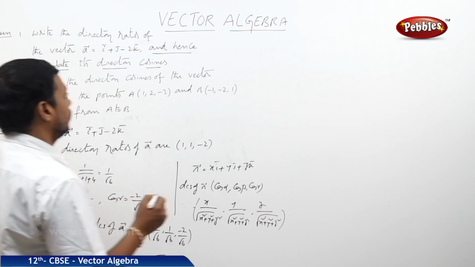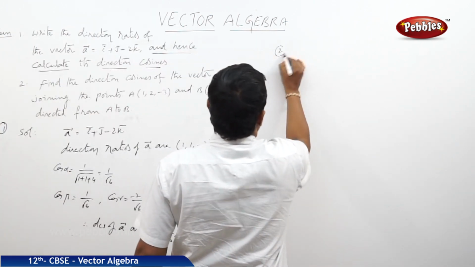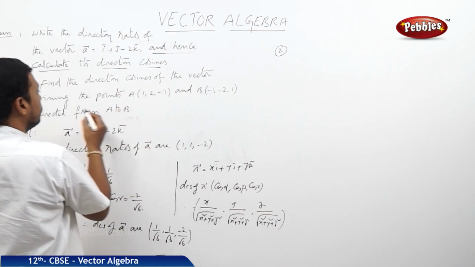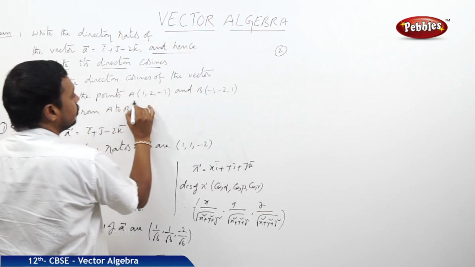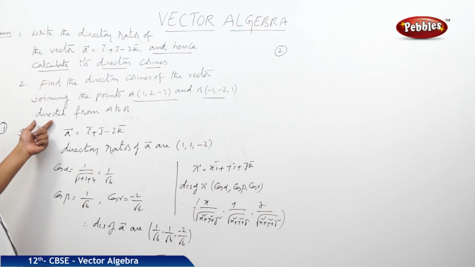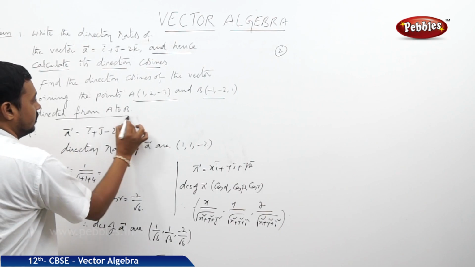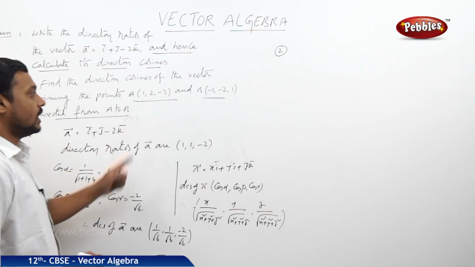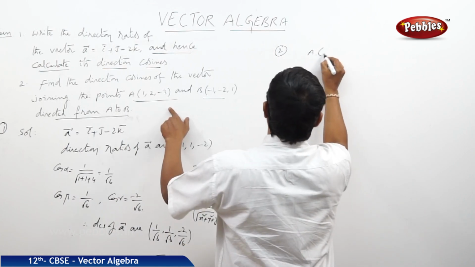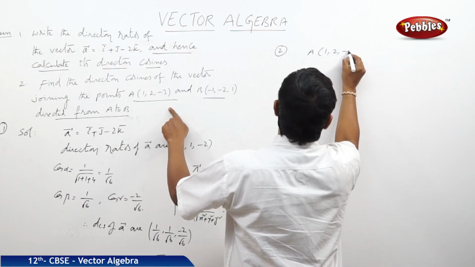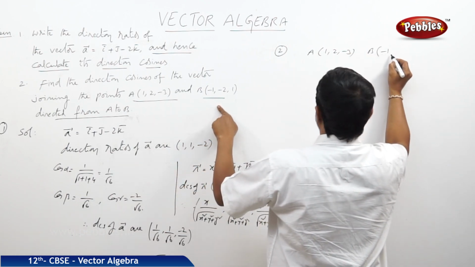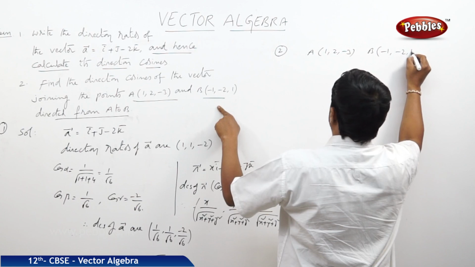Now coming to the second one, find the direction cosines of the vector joining two points A and B, directed from A to B. Now let us define the vector from A to B. Here the point A is given as 1, 2, minus 3 and the second point B is minus 1, minus 2, 1.